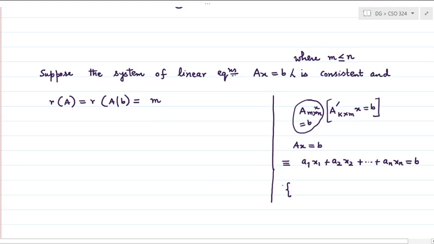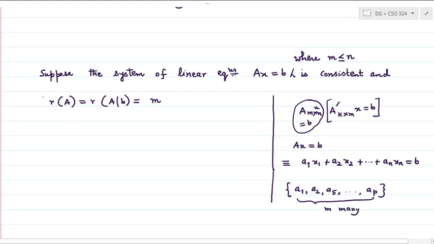So without loss of generality, let's suppose I have a1, a2, then a5. This is an m many collection of column vectors.